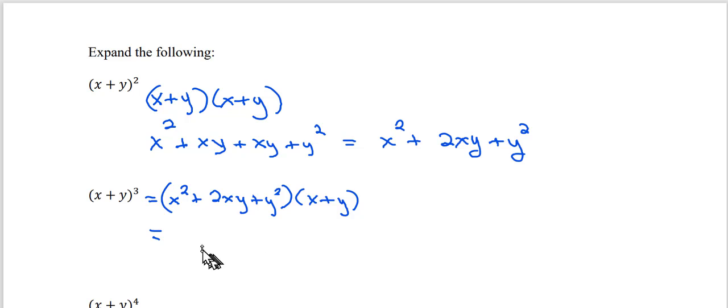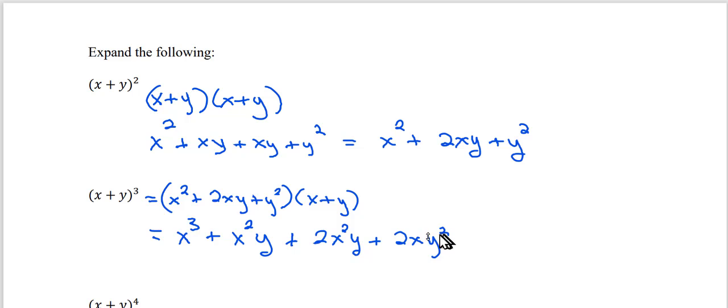We distribute out here. We're going to have 6 terms. x cubed plus x squared y, when I take the x squared to each of these, plus, now let's take the 2xy to each, 2x squared y plus 2xy squared.